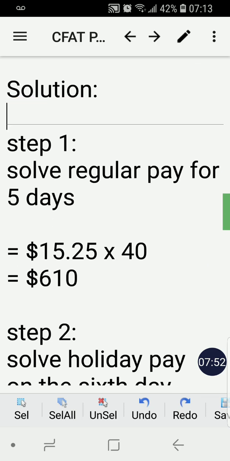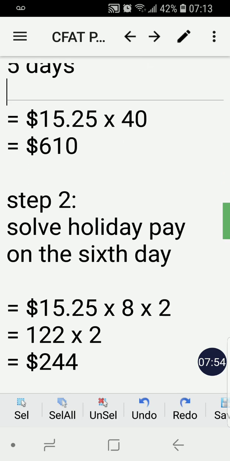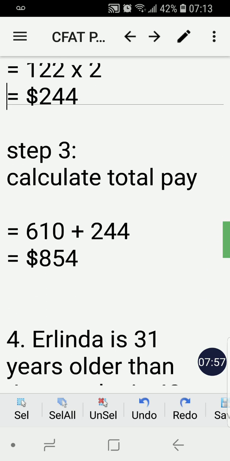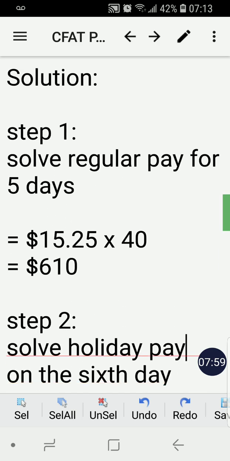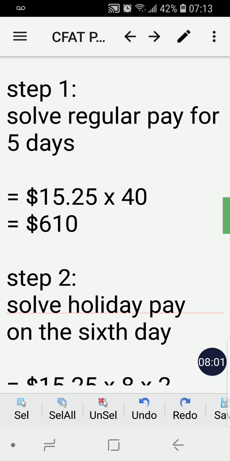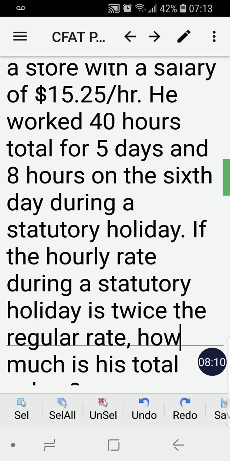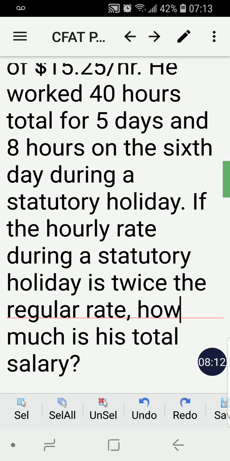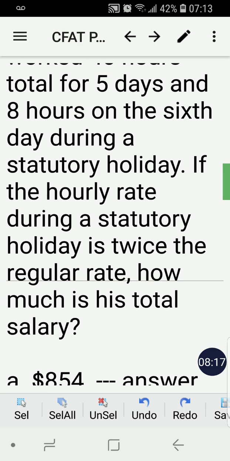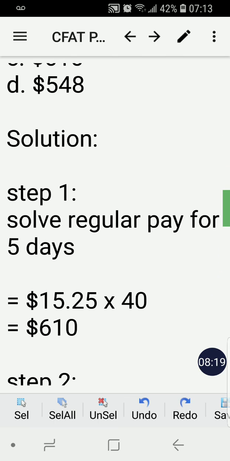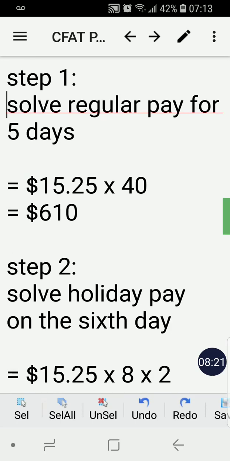So the solution is broken down into 3 steps. In step number 1, we need to solve for the regular pay for 5 days. We are given that Roberto worked for 40 hours for the first 5 days, and we also know his hourly rate.